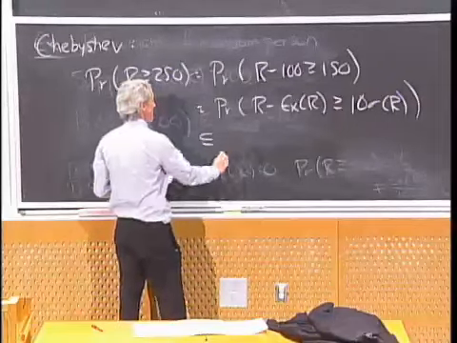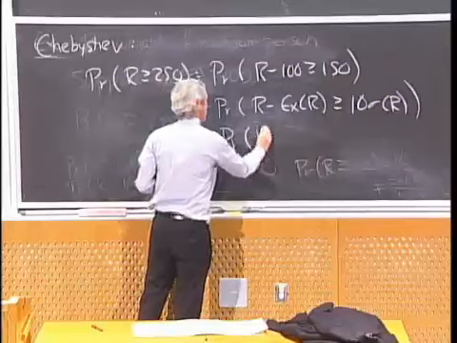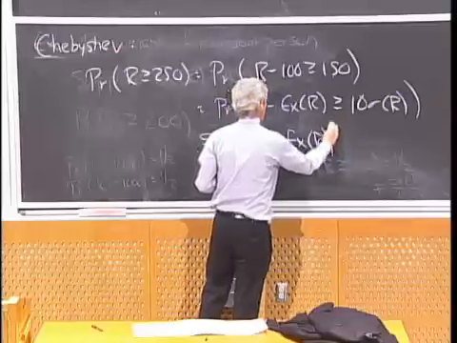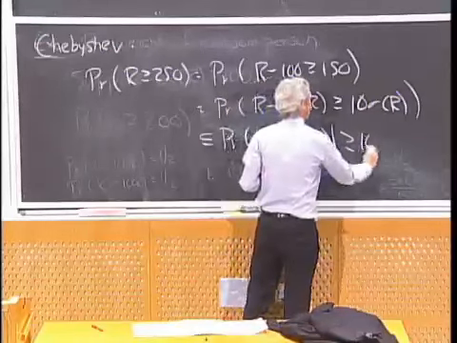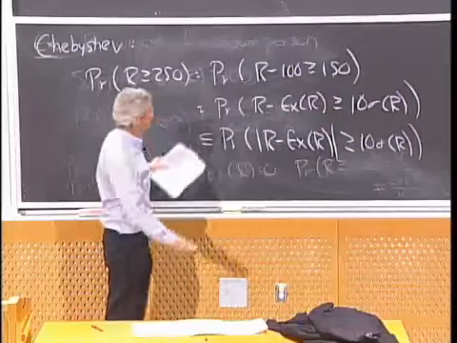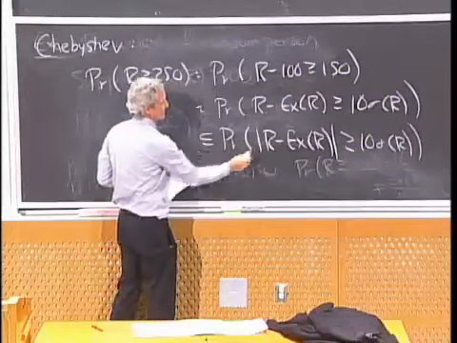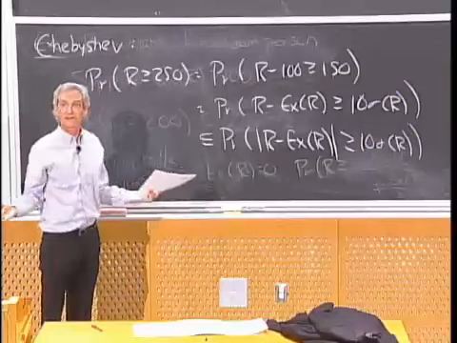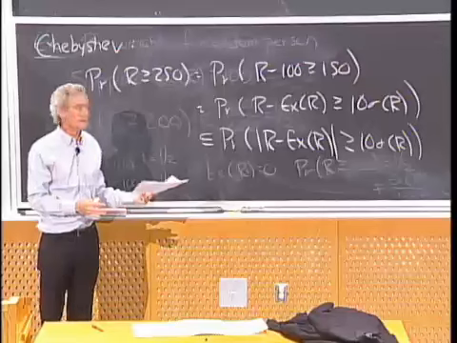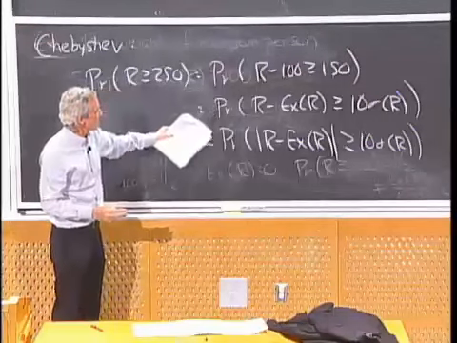It's upper bounded by the probability of the absolute value of R minus expected value being bigger than or equal to 10 standard deviations, because this allows for two cases: R is 10 standard deviations high, and R is 10 standard deviations low or more. So this is upper bounded by that.